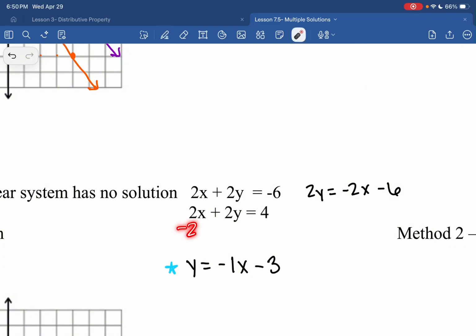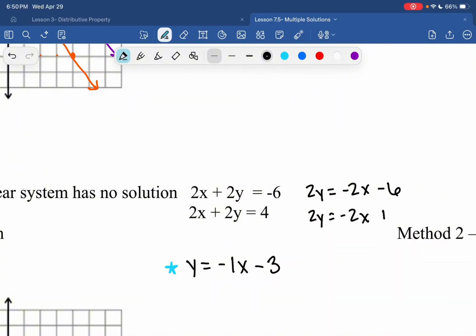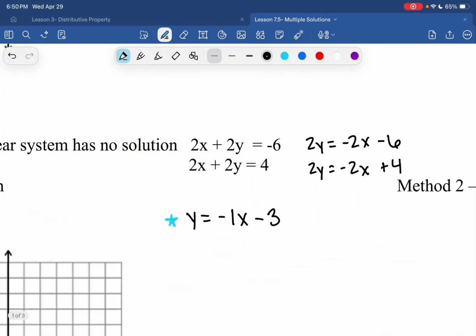So I subtract 2x from both sides, which then gives me 2y equals negative 2x plus 4. Now, y is being multiplied by 2. So to get rid of it, we need to divide all things in the equation by 2. And in doing so, I now get y equals negative 1x plus 2. And I will graph this one in pink so we remember.